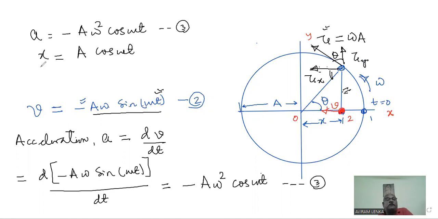So we can clearly see the position is directly there in acceleration. And if you substitute that, then acceleration will be minus omega square into x. A equals minus omega square x.